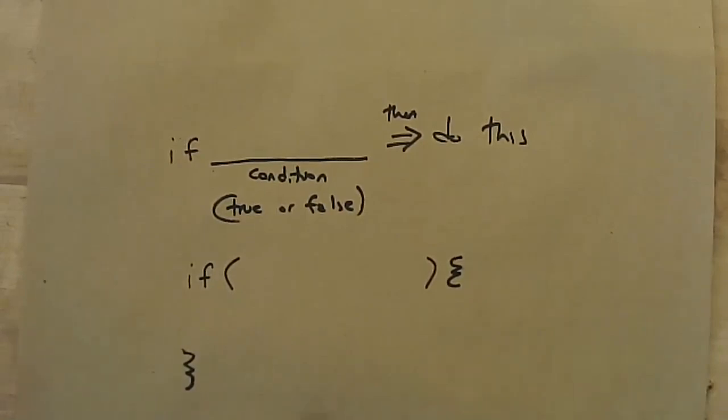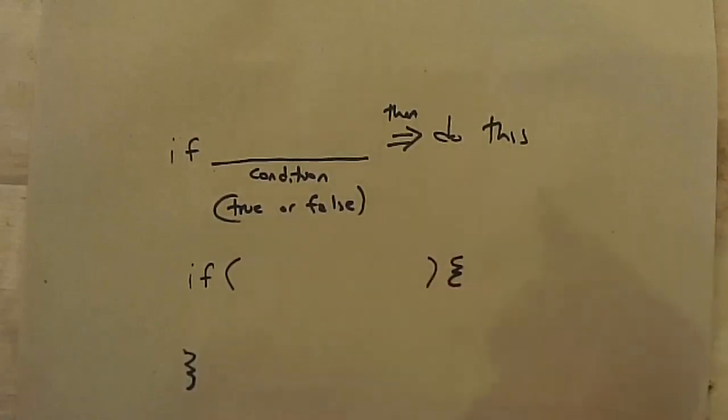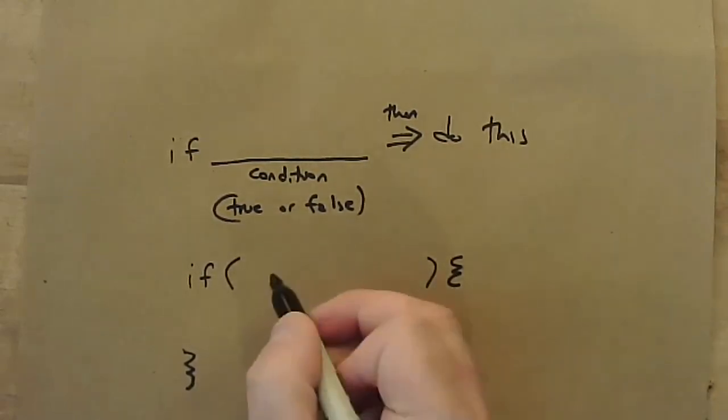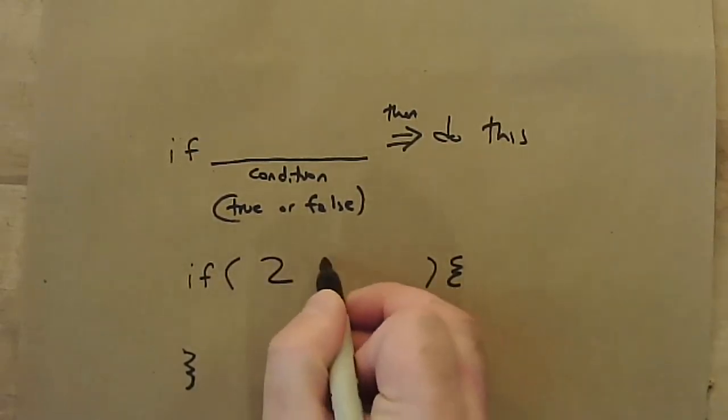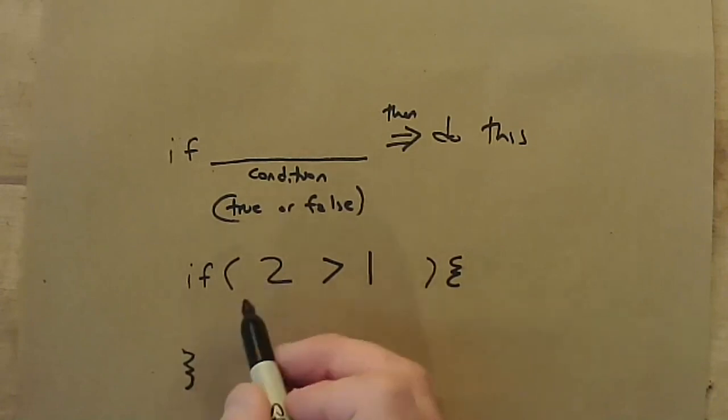So going through some of these comparators, we'll make a very boring one first. So if 2 is greater than 1, then I'll just put some pseudocode in here.